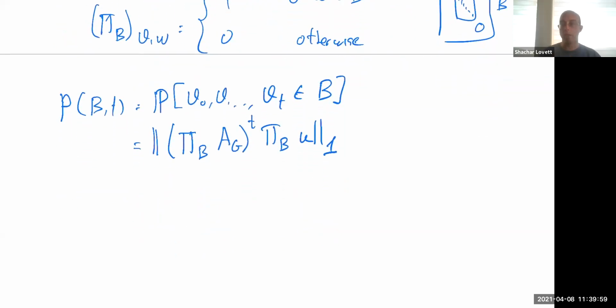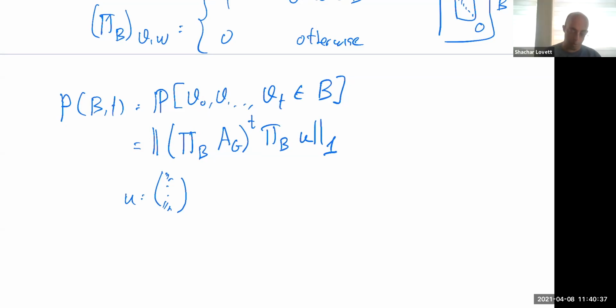So imagine tracking all these probabilities. We start with V0, which comes from this distribution U. So what is pi BU? U is just going to be 1 over n, 1 over n, and so on. First I want to require V0 to be in the set B. So any node that is not in B, you fail.